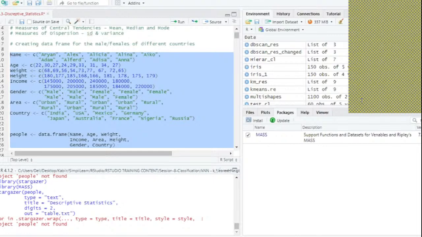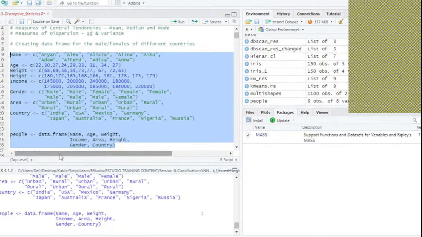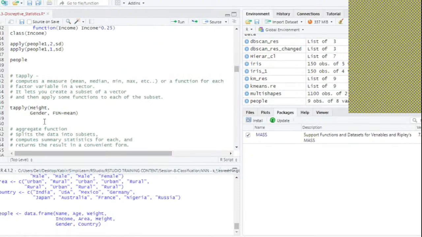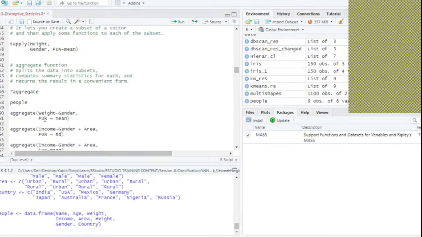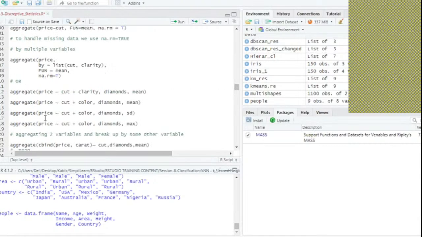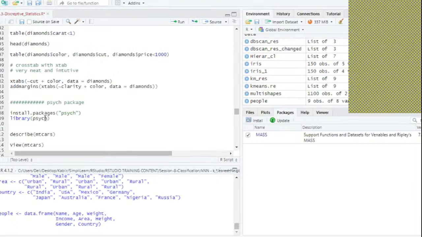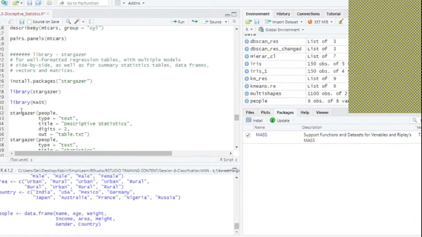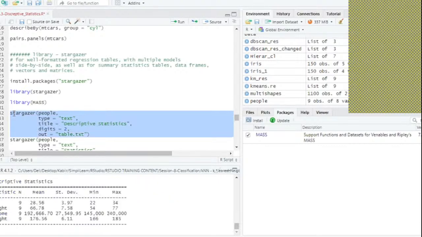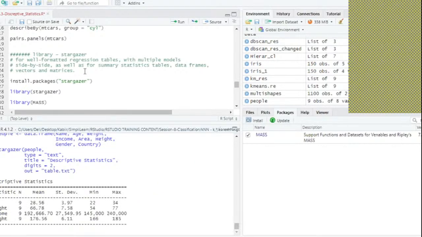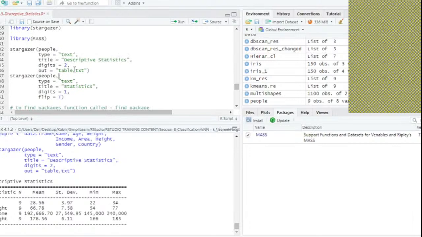You can also create this people data frame, and then go to Stargazer and see the output you get from Stargazer. This is how you get the output.